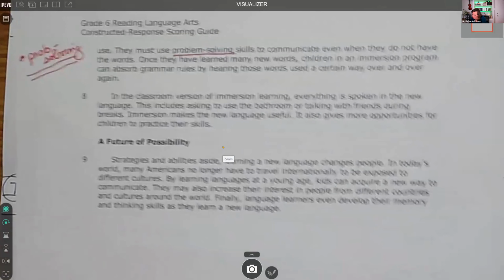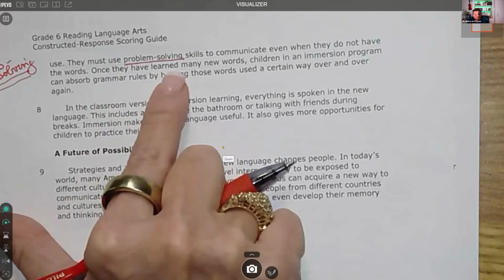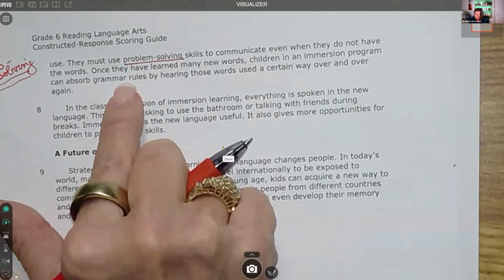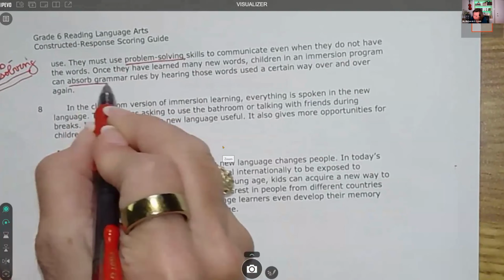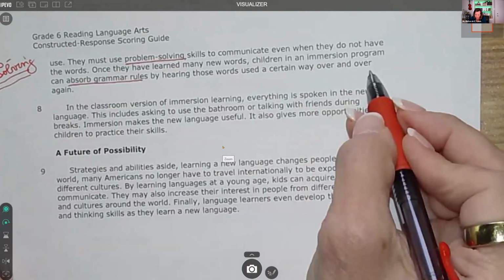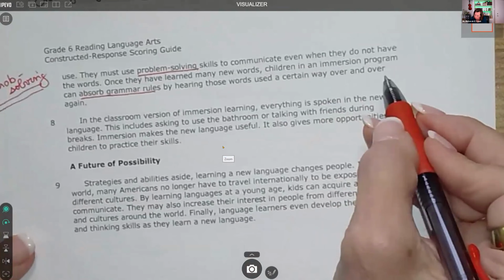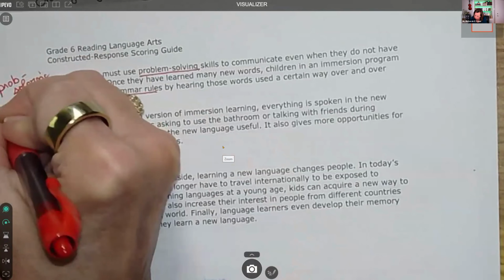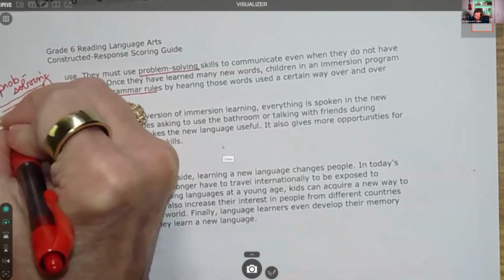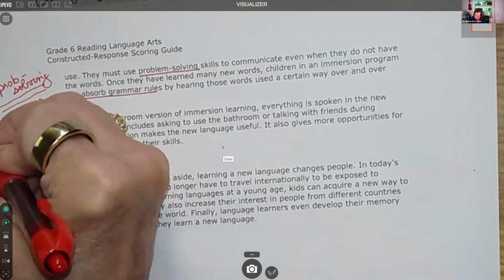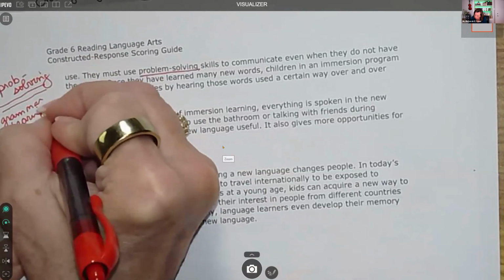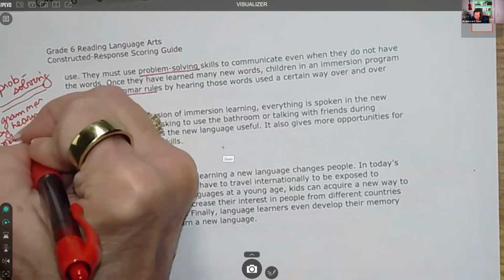So I'm going to continue reading. Once they have learned many new words, children in an immersion program can absorb grammar rules by hearing those words used a certain way over and over again. And so it's learning grammar by hearing words over and over again.